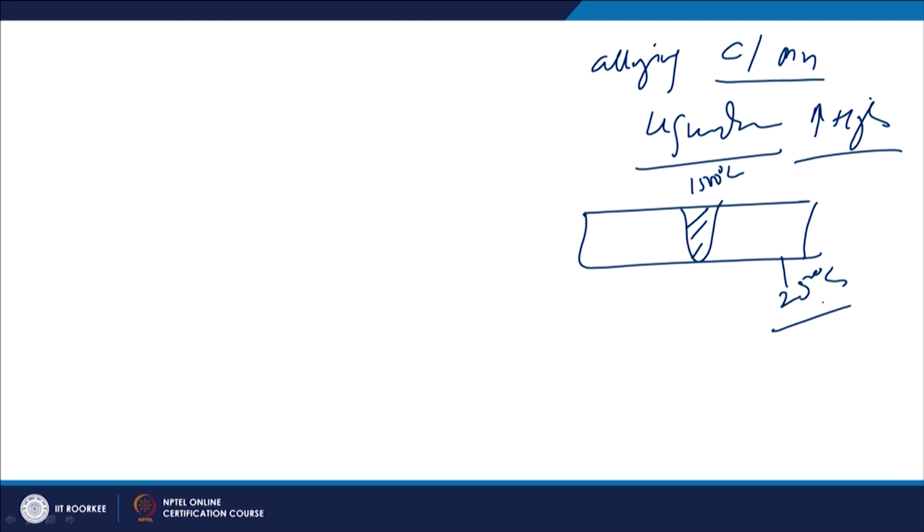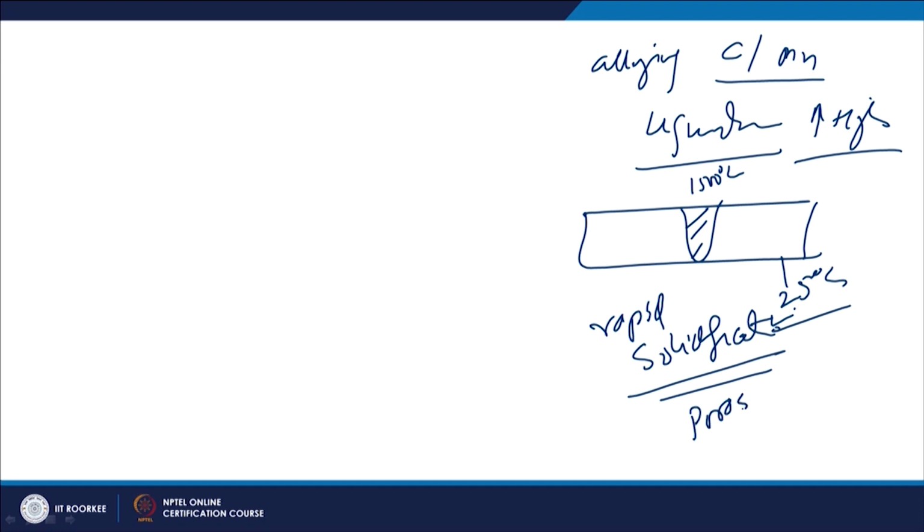So, this will be leading to the rapid solidification. Another issue which is related with the rapid solidification is the development of the pores or porosity in the weld metal, but not in all types of the low carbon steel is this problem observed.